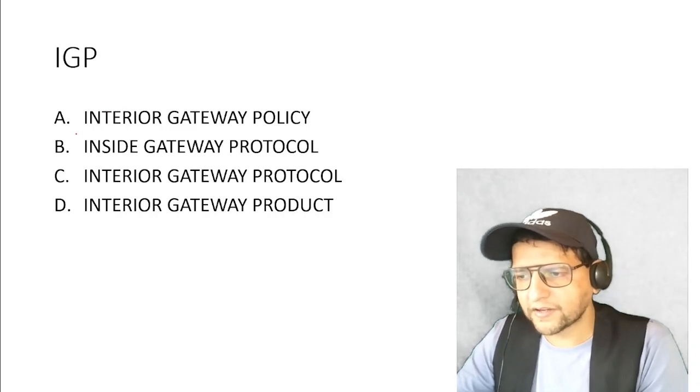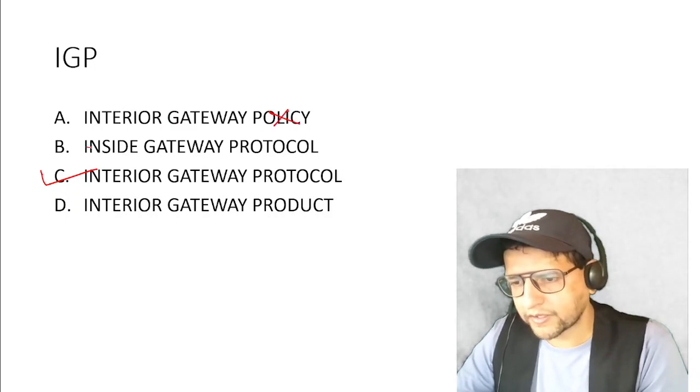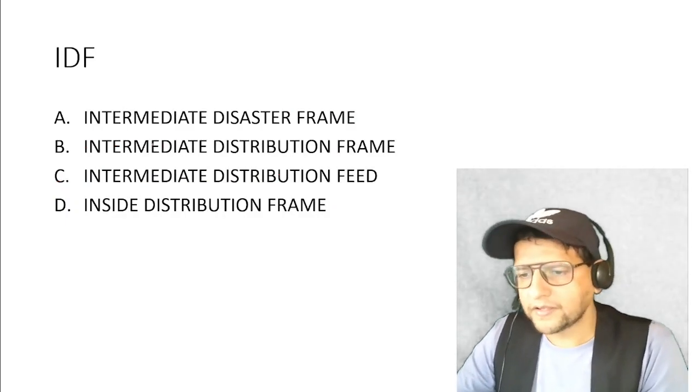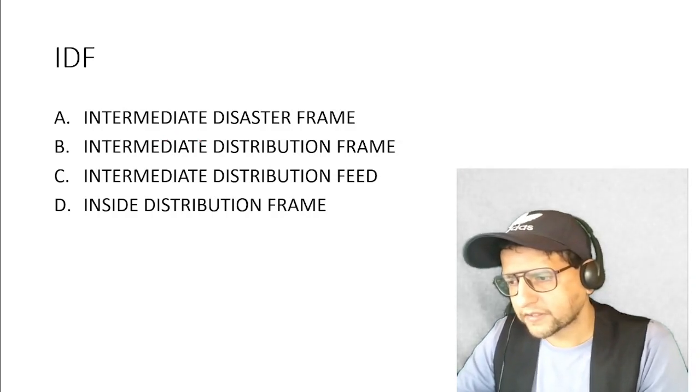IGP is your interior gateway protocol. So where is interior gateway protocol? This is the one. It is not policy. It is not inside. It is not product. Okay, it's an interior gateway protocol. IDF is your intermediate distribution frame. Intermediate distribution frame.